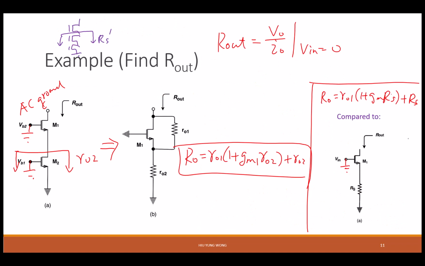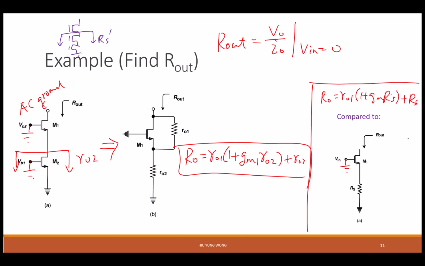Now, if this is the case, we have another gadget. Right now we are playing the game. We have another weapon now. I give you this circuit. Can you find the output impedance of this circuit? If you look at this, the first thing you will think is, well, I know the output impedance of common source, R0.